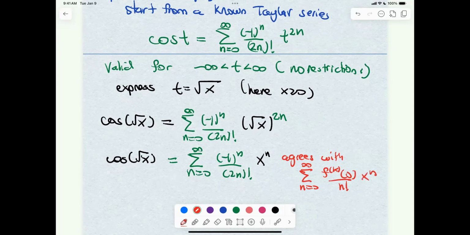Because there are no different Taylor series that work for the same function. And so as a plus of this approach, you get for free a formula for the nth derivative.